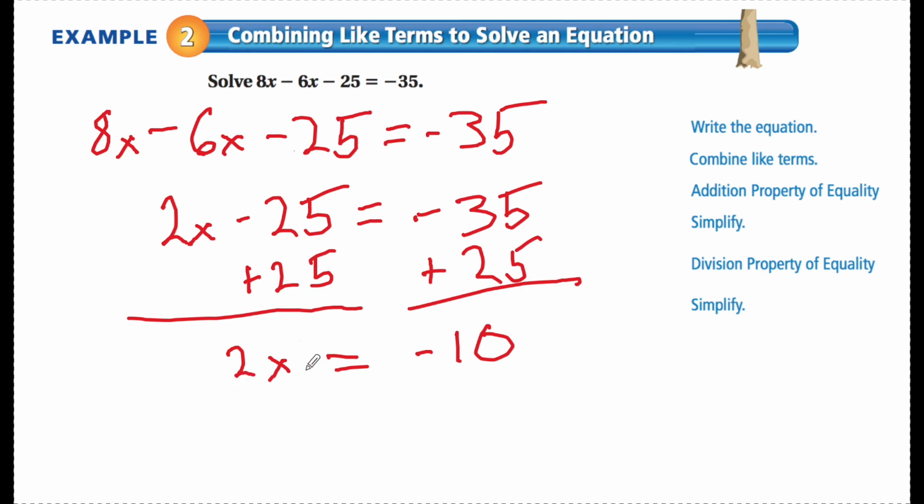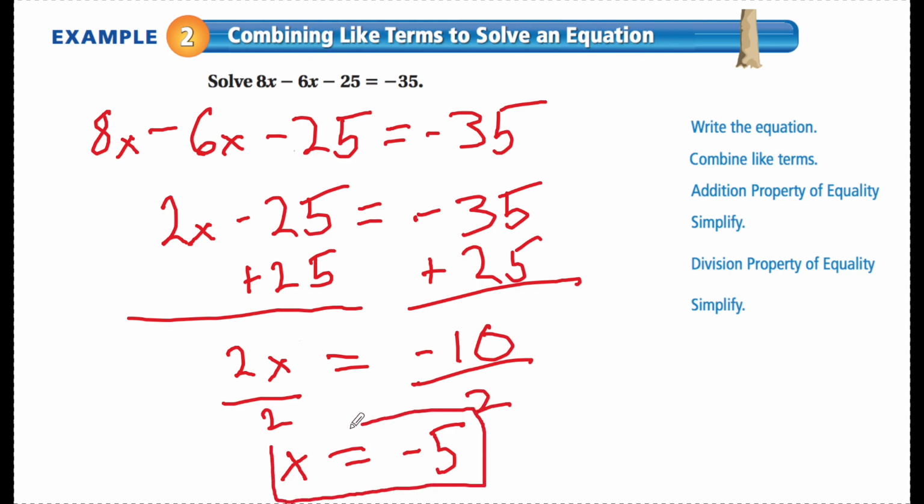Then we have to divide each side by 2 because 2 is being multiplied to x. Inverse operation of multiplication is division. So now x is going to be equal to negative 10 divided by 2, which is negative 5. Alright, so our final answer is x is equal to negative 5.